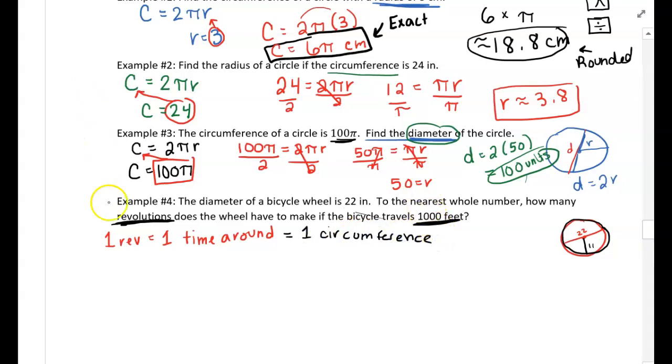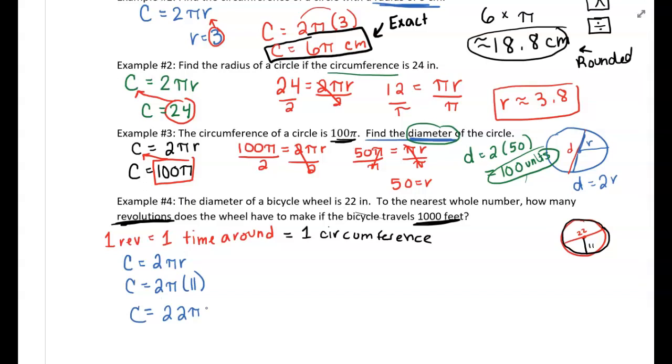All right, so let's find what 1 circumference is here. C equals 2 pi r, and I know my radius is 11. So C equals 2 pi times 11, which is 2 times 11 is 22, so 22 pi. I'm going to put this into my calculator and get a decimal.